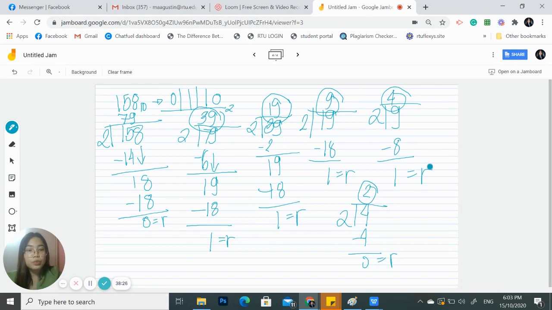And we still have 2. So, 1. 1 times 2 is 2. 2 minus 2 is 0. So, lagay natin ang 0 dito. And we still have 1 as our most significant digit. So, our answer is 1, 1, 0, 0, apat na 1 and 0.